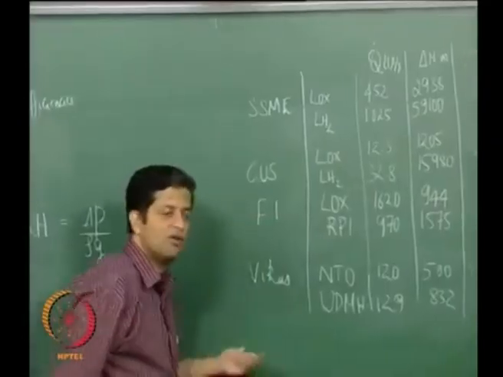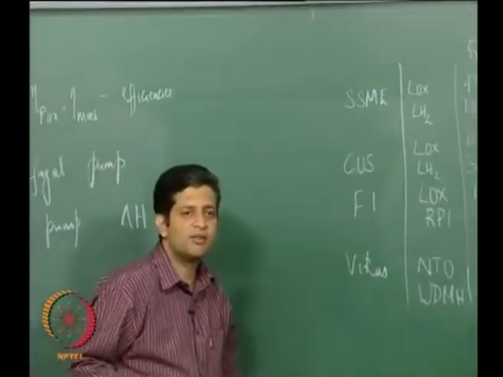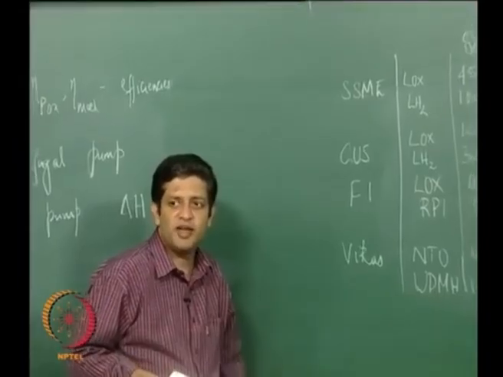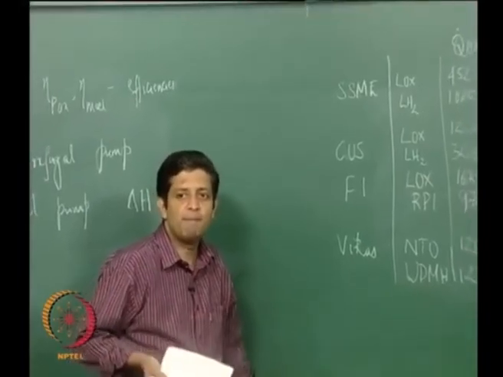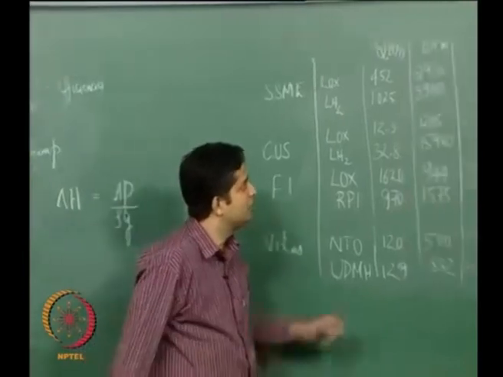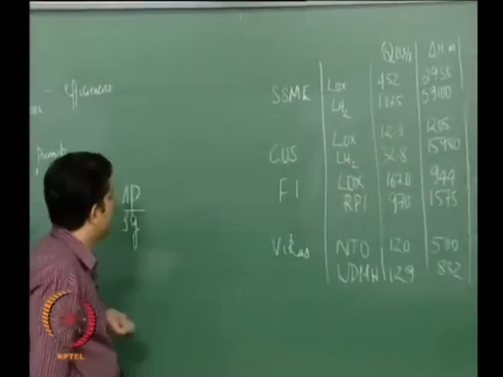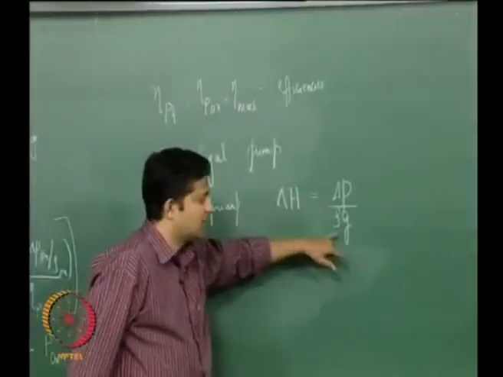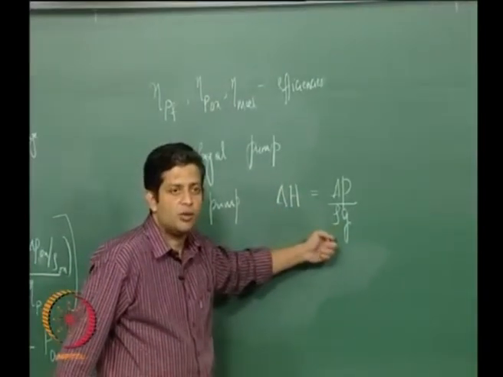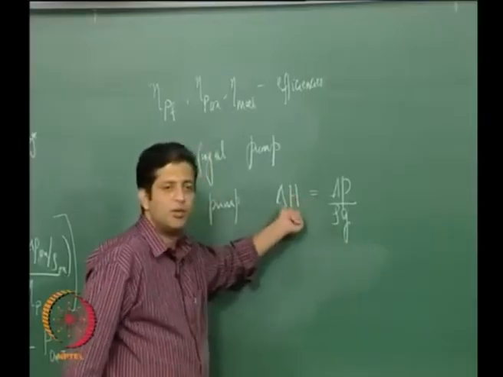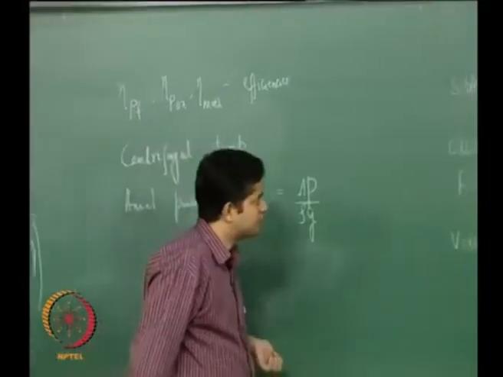So, therefore, even though the mass flow rates will be very small, the volumetric flow rate will be very high, and also the head rise that is required will be very high, simply because head rise is nothing but delta P divided by rho. Because rho is low, you will have a very high head rise.